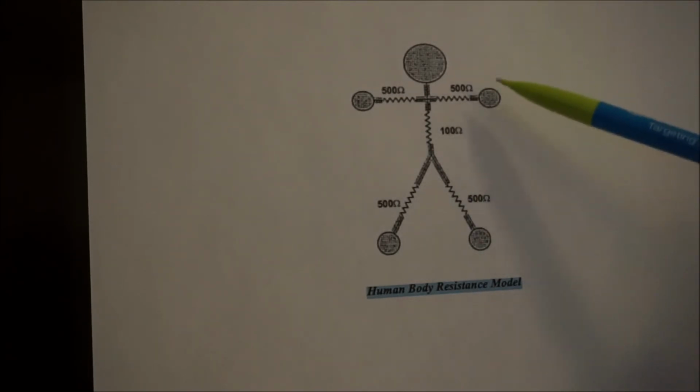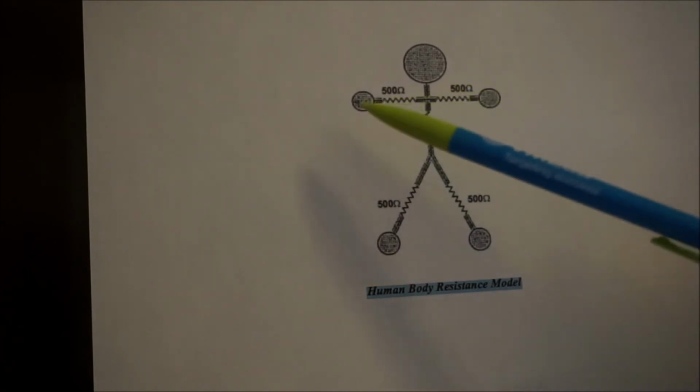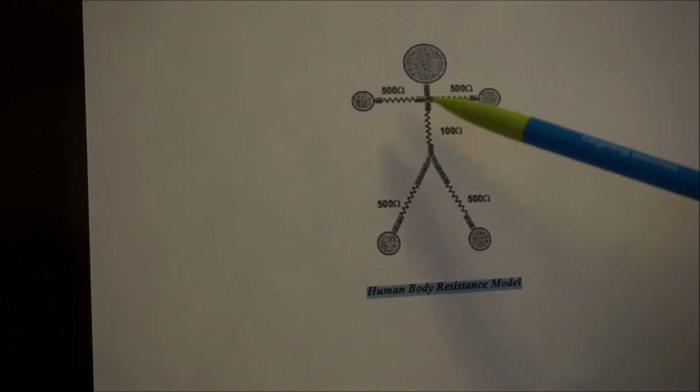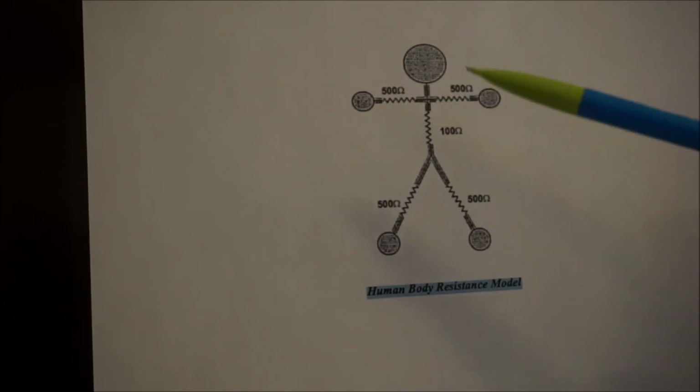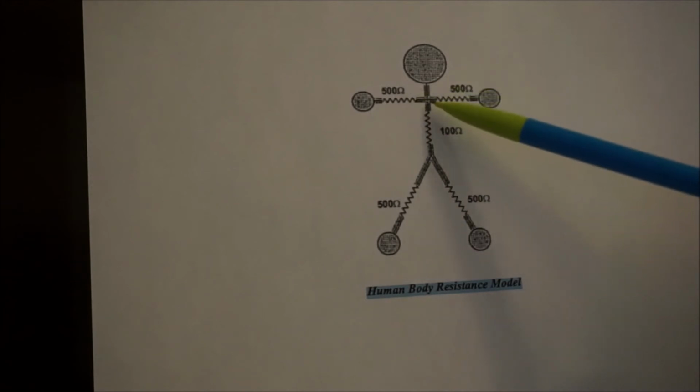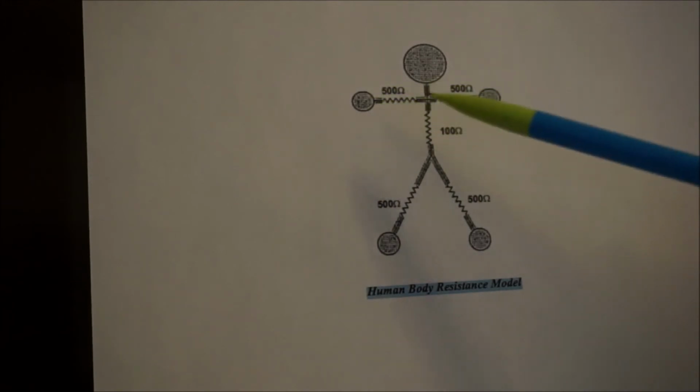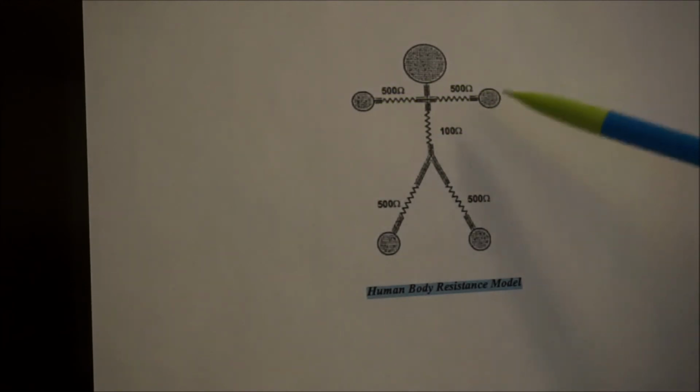So from arm to arm, which would be right through your heart area, which would definitely lead to that ventricular fibrillation. It looks like 500 ohms and then another 500 ohms in series would be 1,000 ohms.